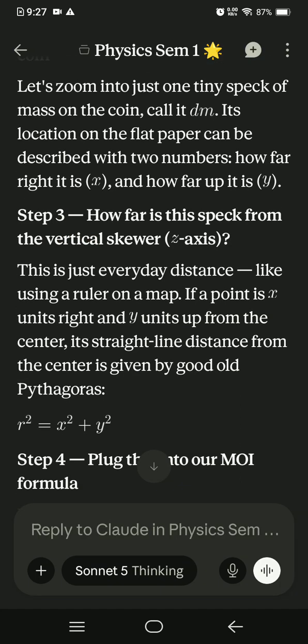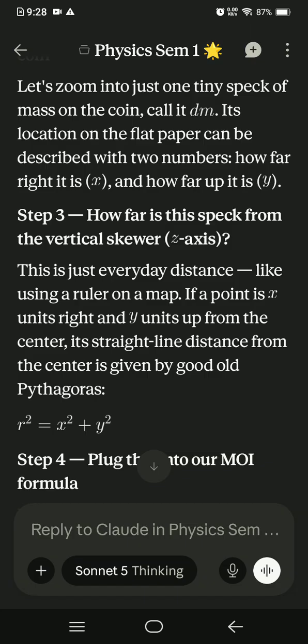Step 3, how far is this speck from the vertical skewer, the z-axis? This is just everyday distance, like using a ruler on a map.